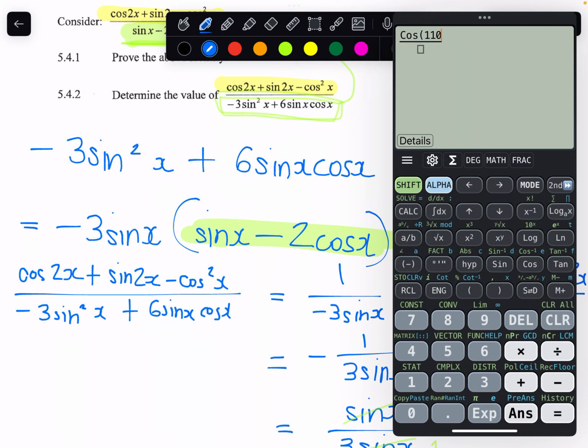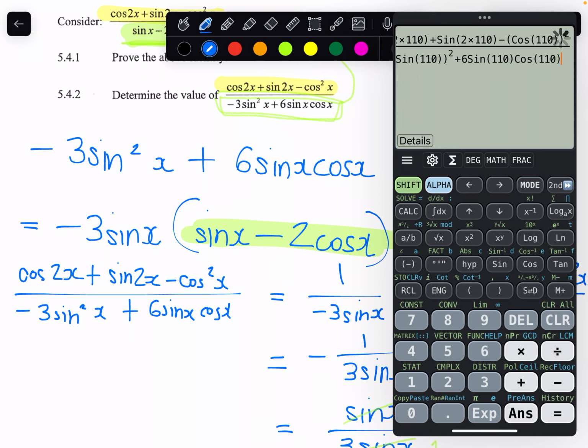cos of 2 times 110, plus sine of 2 times 110, minus cos of 110, and we square that result, divided by negative 3 sine squared of 110 plus 6 sine 110 times cos 110.